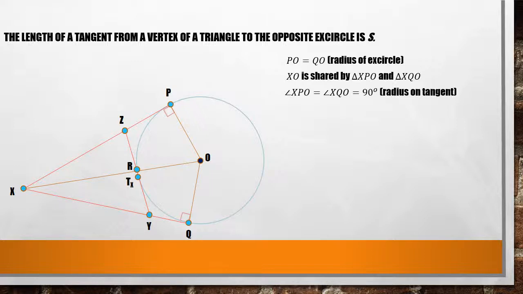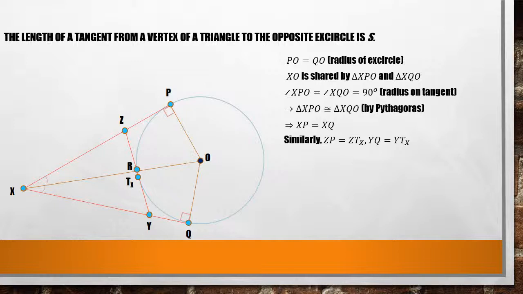We have the same thing with XQ and OQ. So angle XPO is equal to angle XQO, which is equal to 90 degrees. Since we have a couple of right triangles here that have two equal sides, using the Pythagorean theorem, we can figure out what the third side of each triangle will be. Since the sides of these two triangles are the same, we find that they're congruent. And of course, we have that XP is equal to XQ, two of the sides of those triangles.